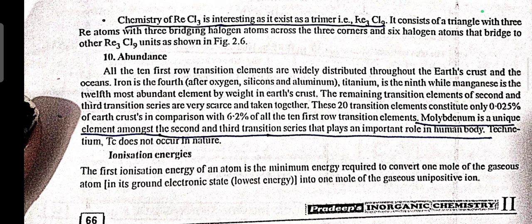The variation of third ionization energy of the three sets of transition elements, from scandium to zinc, yttrium to cadmium, and lanthanum to mercury, shows a general increase in the ionization energy with a discontinuity after group 7. This discontinuity corresponds to ionization from a doubly occupied d orbital.